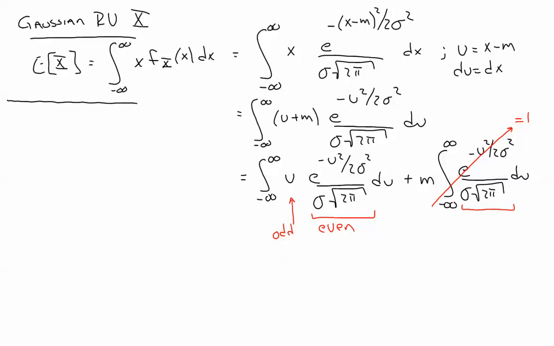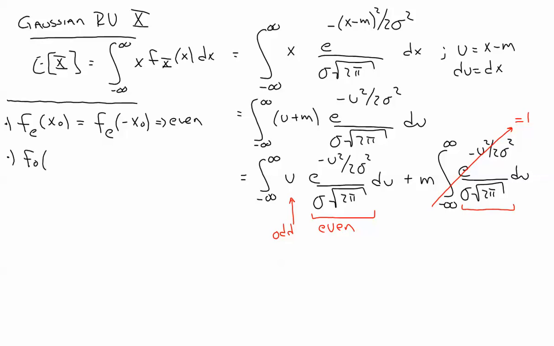Hopefully you've seen this before. An even function, f sub even, evaluated at x naught equals f sub even evaluated at minus x naught. This is an even function. Cosine, for example, is an even function. A zero mean Gaussian function is an even function.